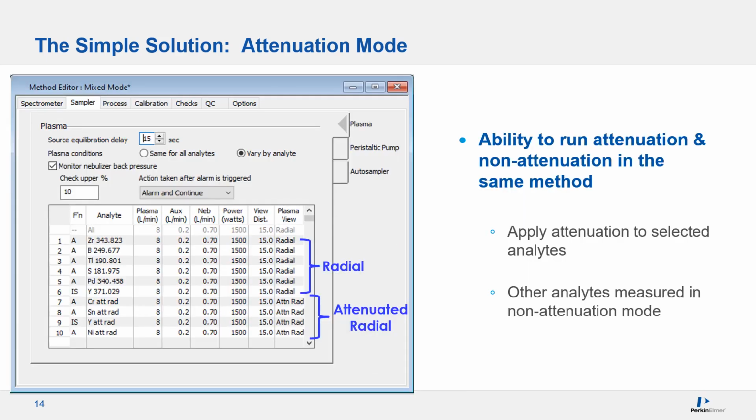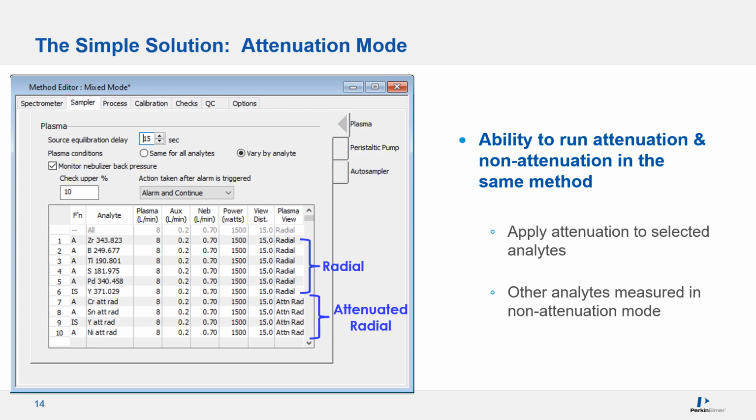So when we're looking at a method with attenuation mode, it's possible to run both attenuated and non-attenuated mode in the same method. In this example, we're running zirconium, boron, thallium, sulfur, and palladium in radial mode. In addition, we're also using yttrium as an internal standard in radial mode. We are then analyzing for chromium, tin, and nickel in attenuated radial mode, again using yttrium as an internal standard, attenuated radial mode.